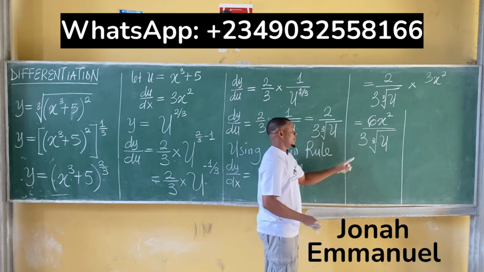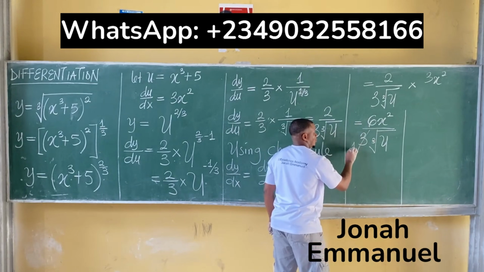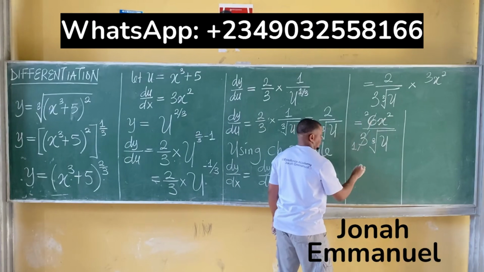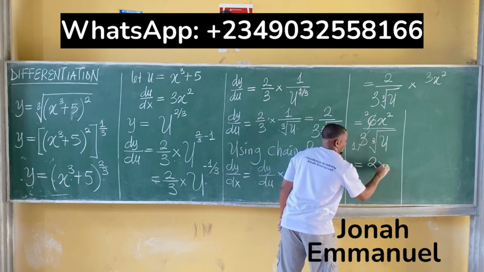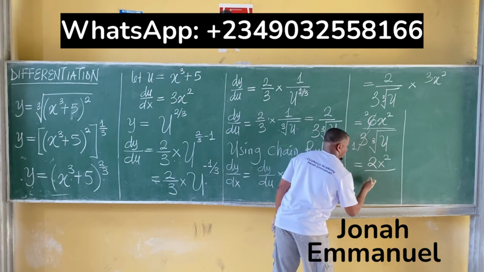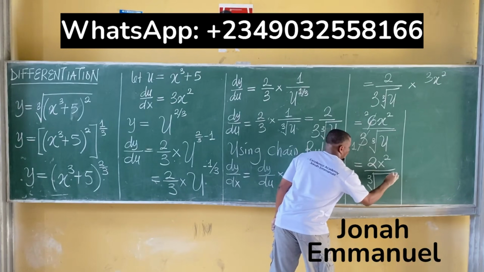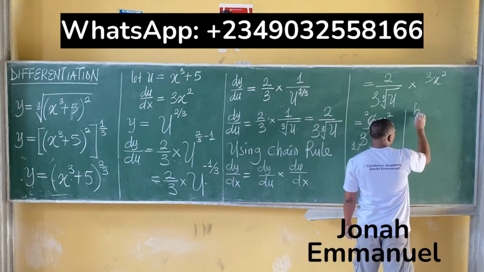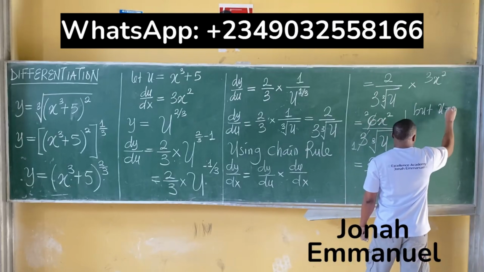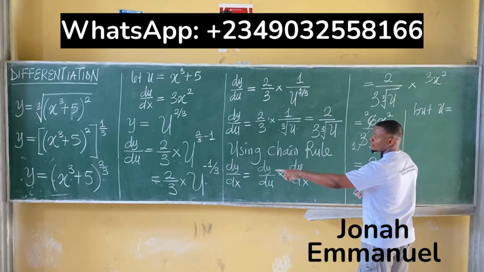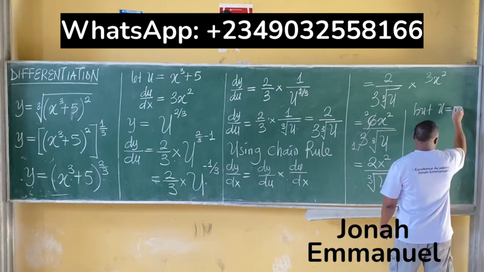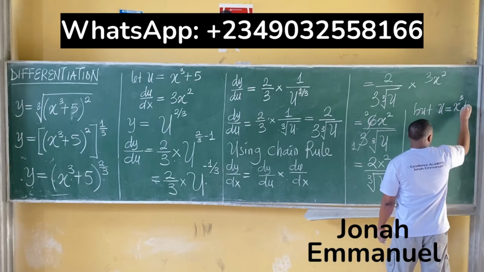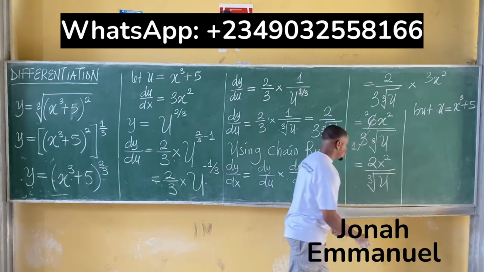That is equal to 2x squared all over 3rd root of u. But what's u? It is x cubed plus 5. Now put u here.